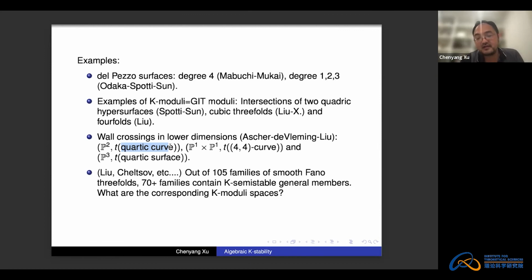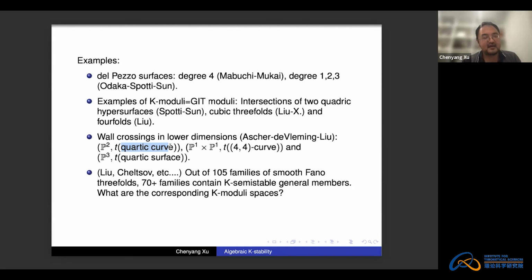You can even ask much harder questions: what are the corresponding K-moduli spaces? It is not just the smooth ones, but you can also ask what the corresponding singular K-limits are. I think this is a much harder question, because proving K-stability for singular Fano varieties is harder.